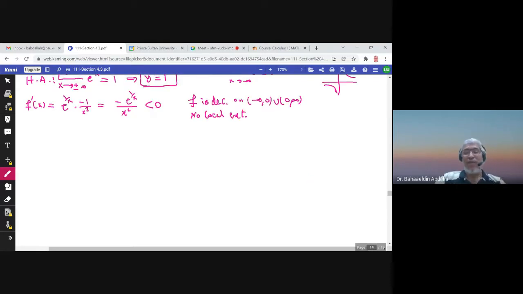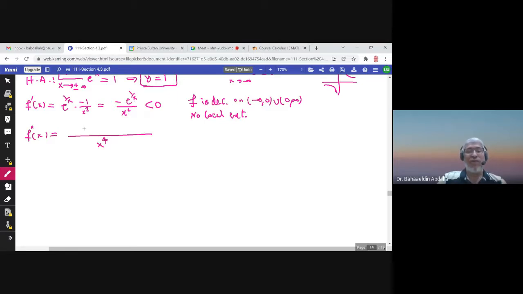Well, let us find the second derivative. Maybe there is more information from the second derivative. I will use the quotient rule, with denominator x squared to the power 2, x to the power 4.